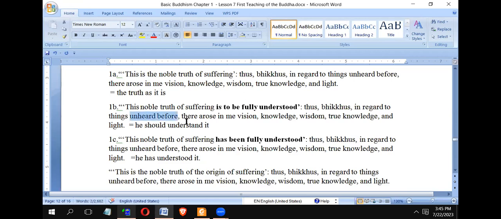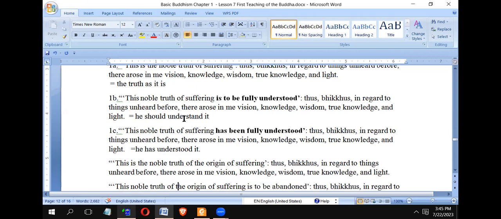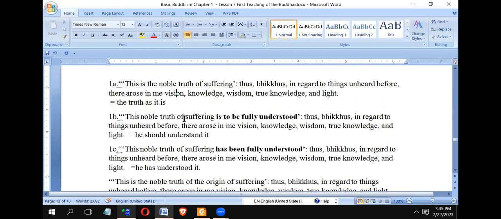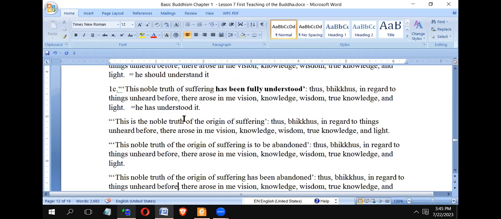When we think about things unheard, it means that before that nobody knew about it. Only when the Buddha appeared in the world did people hear about this kind of thing, the noble truth, and the anicca, dukkha, anatta. Right? So the first noble truth is divided into three parts: part 1, part 2, part 3. All right. Now we look at the second noble truth.